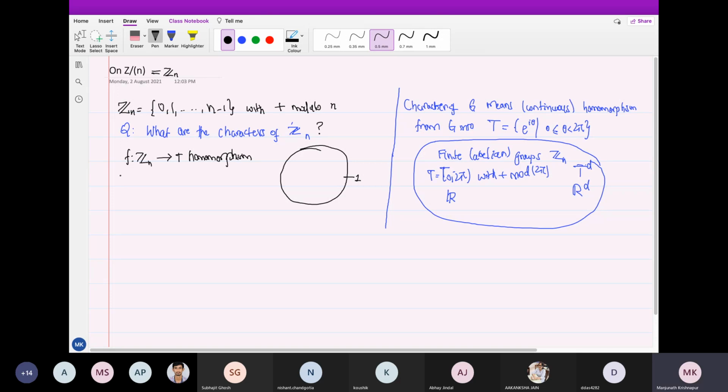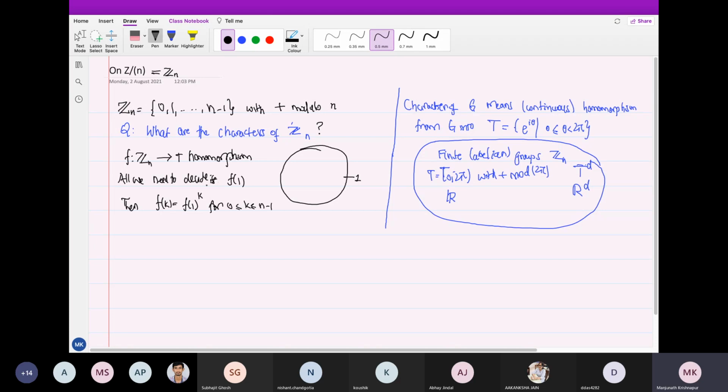Since it's a cyclic group, all we need to decide is F of 1, because then F of k will be F of 1 to the power k, for k between 0 and n minus 1, because k can be written as 1 plus 1 plus 1, k times.